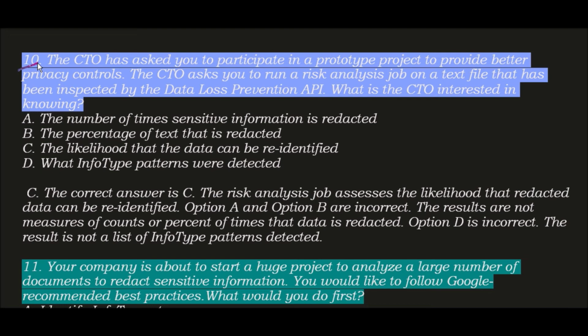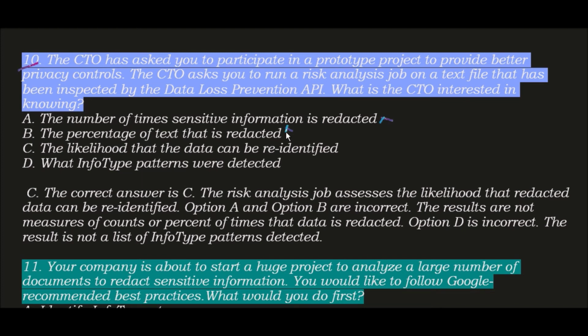Option A, the number of times sensitive information is redacted. And option B, the percentage of text that is redacted. They both are incorrect because the results are not measures of counts or percentages of times that data is redacted. That's why option A and option B, they both are discarded.